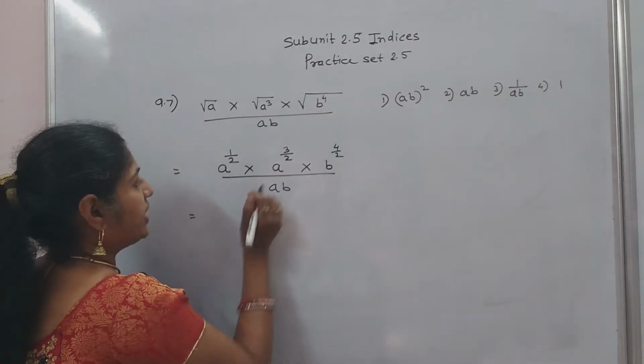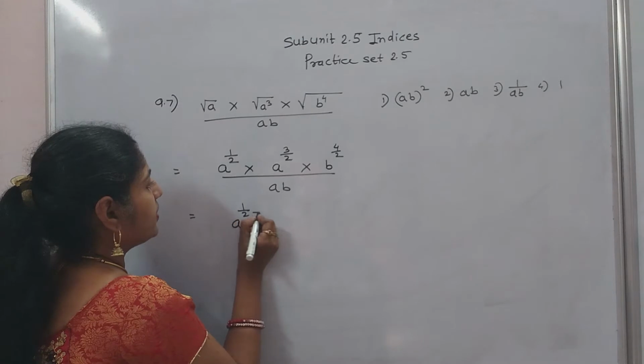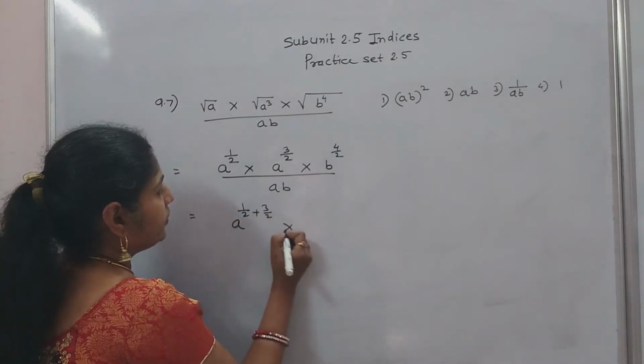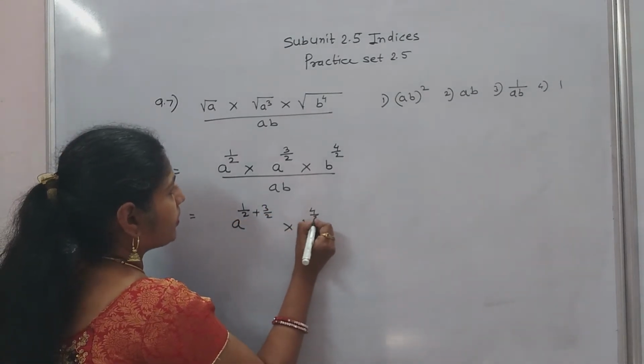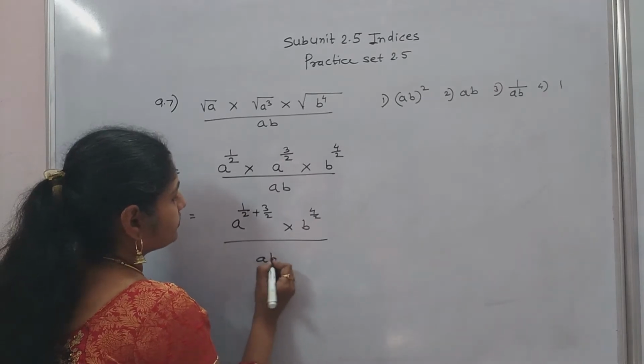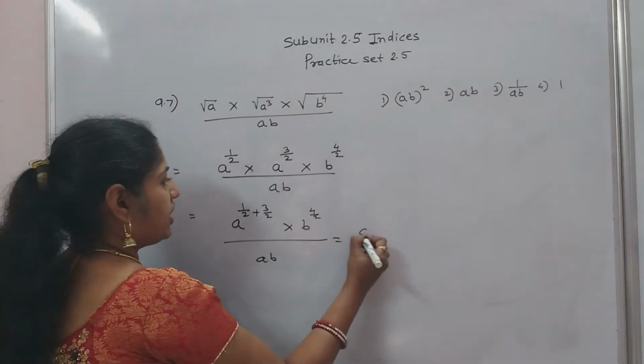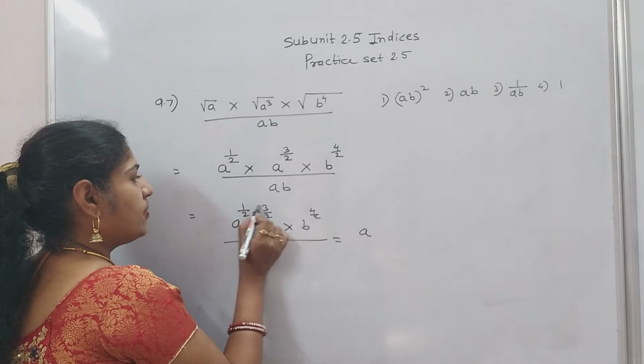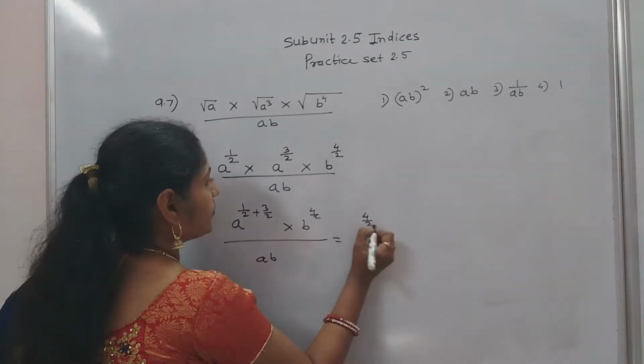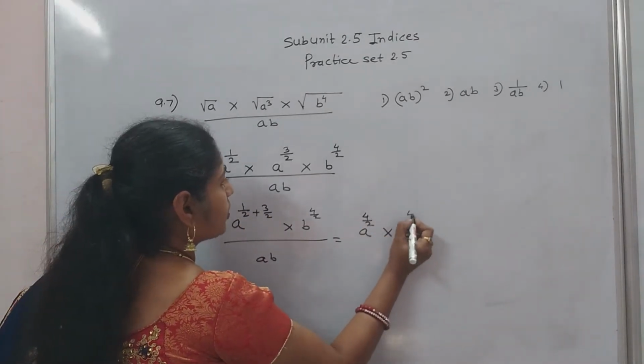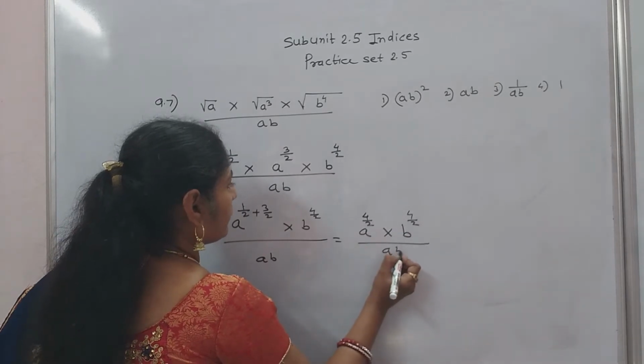Same base, so addition: a raised to 1/2 plus 3 upon 2 into b raised to 4 upon 2, upon ab, equals a raised to 1 plus 3, that is 4 upon 2, into b raised to 4 upon 2, upon ab.